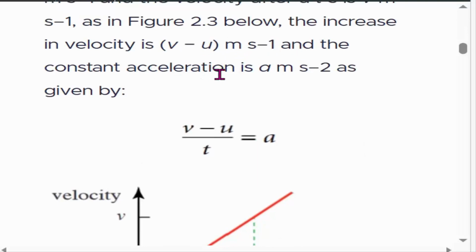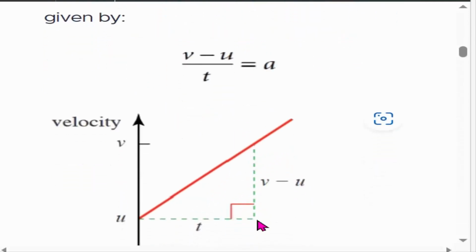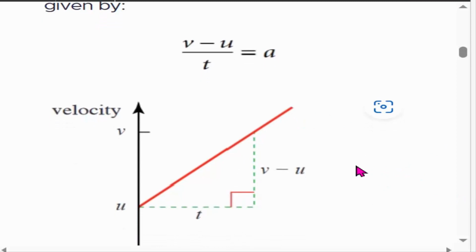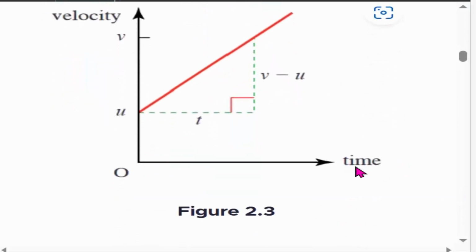The constant acceleration can be written as a meters per second squared, given by the gradient: this height v minus u, divided by t, which is equal to a. Using this equation we can generate a very important formula.